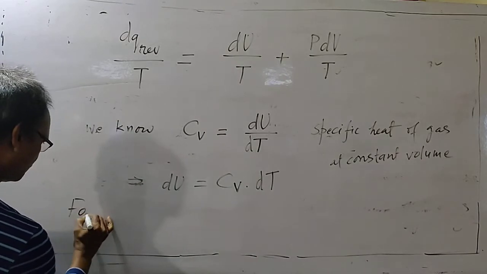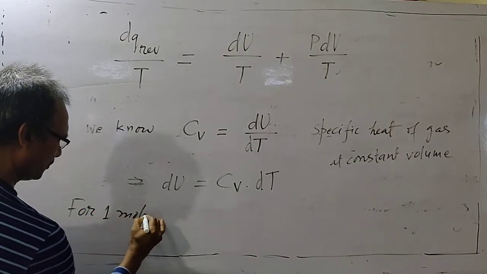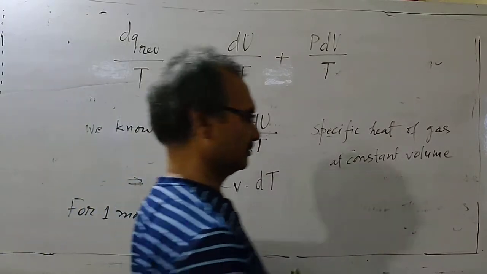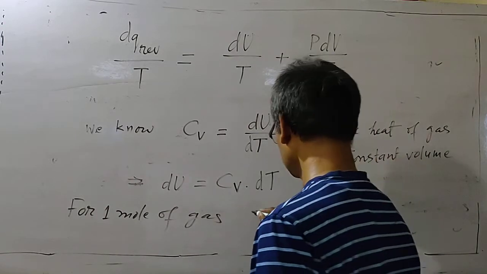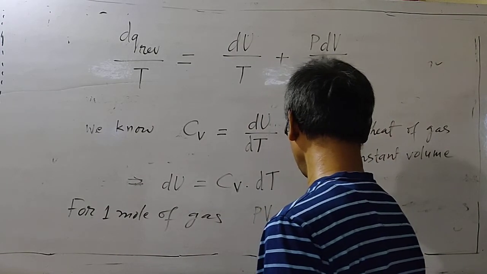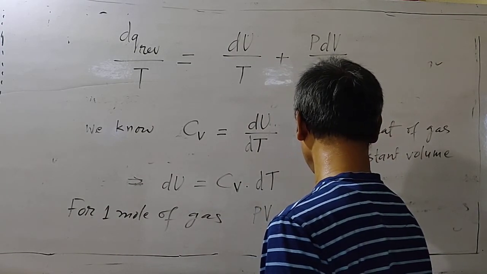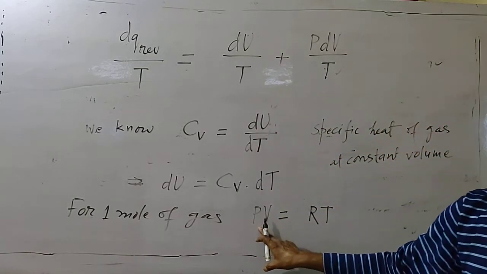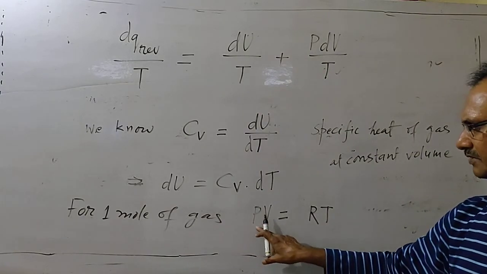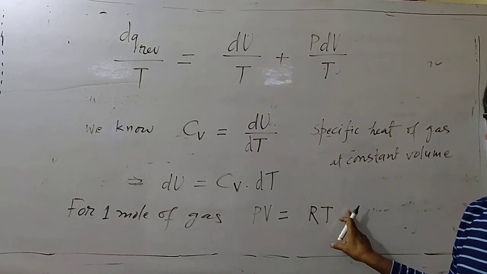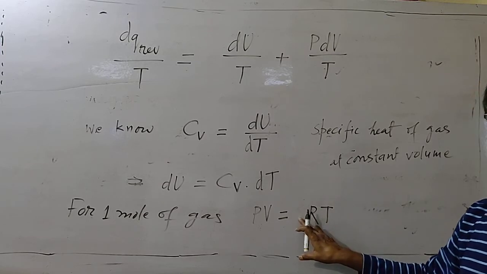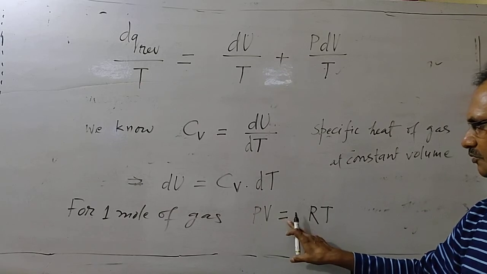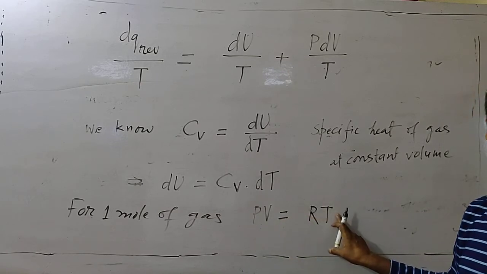For 1 mole of gas, we know PV is equal to RT. The gas equation for n moles of gas is PV is equal to nRT. So if we put n equal to 1 for 1 mole of gas, PV is equal to RT.